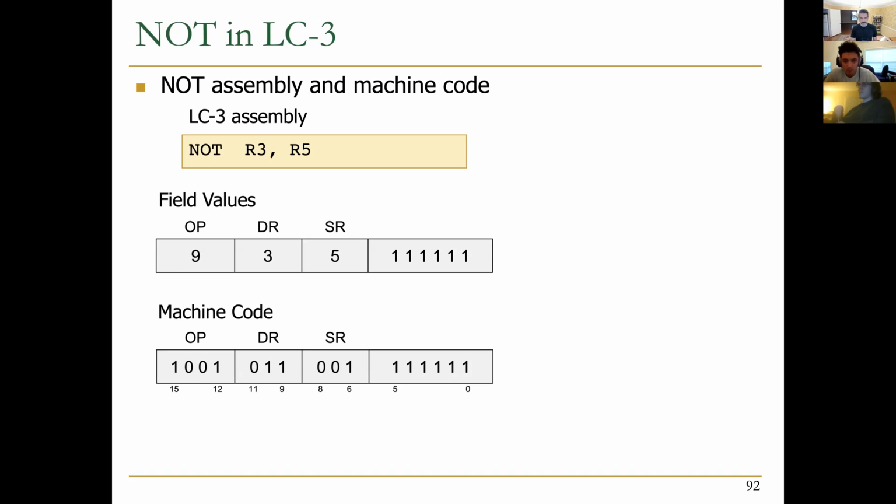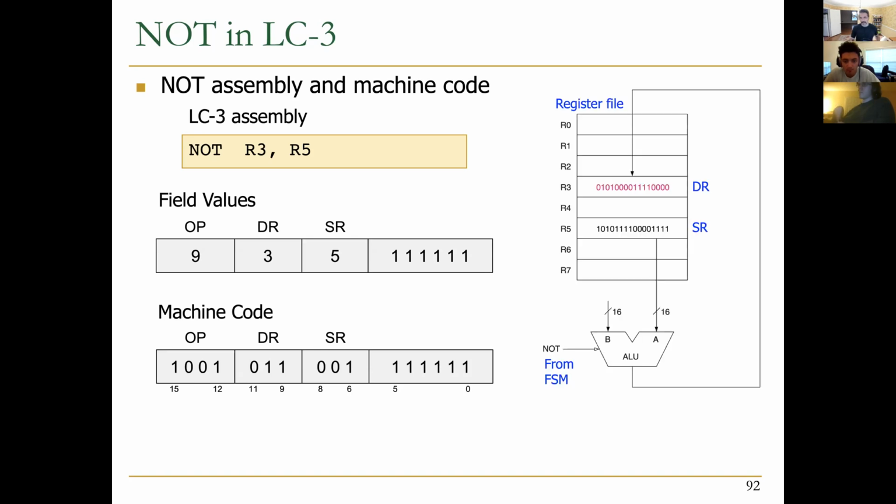This is how the machine encoding looks, and this is what you need to implement it at the logic gate level, right? Again, this is a partial view of the LC3 machine. This is the only thing that you need to execute the NOT. You have the source register, you know where exactly it is located, R5.